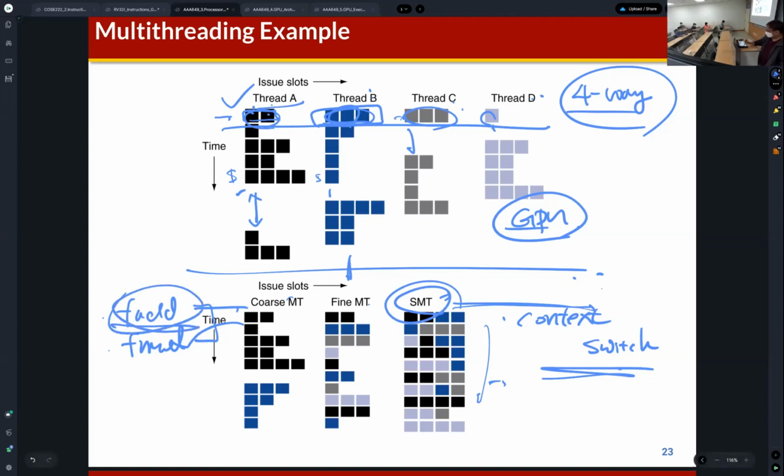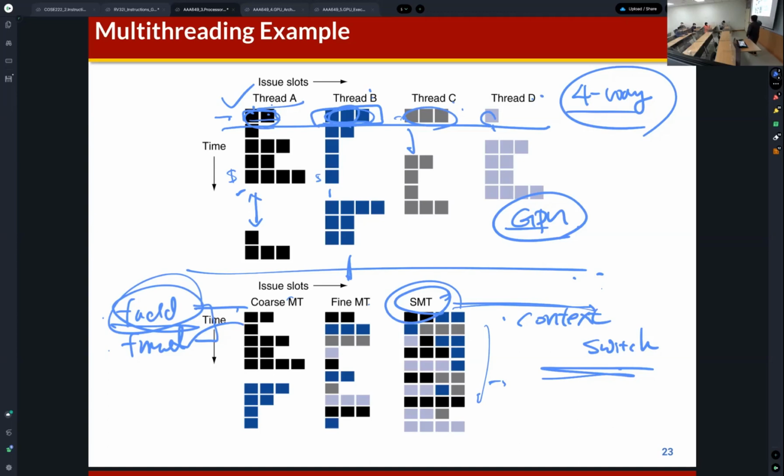The latency of floating point execution is longer than that of an integer instruction. It can take 5 or 6 clocks to execute a floating point operation. So this is the 5 or 6 clock cycles between the floating point add and the floating point multiplication.